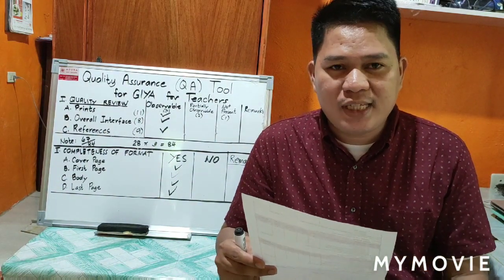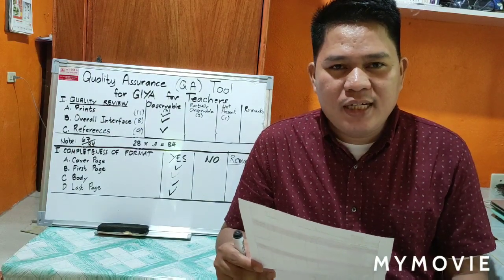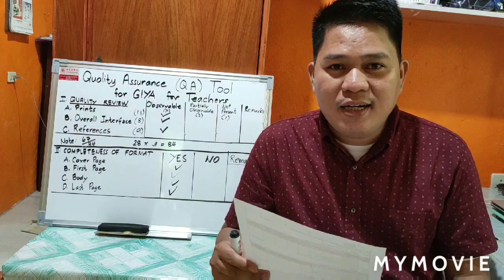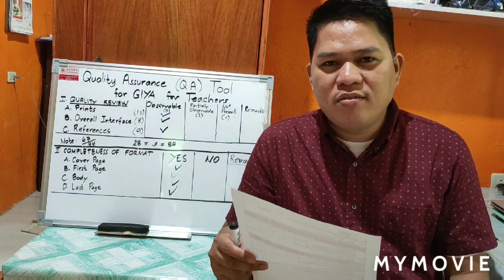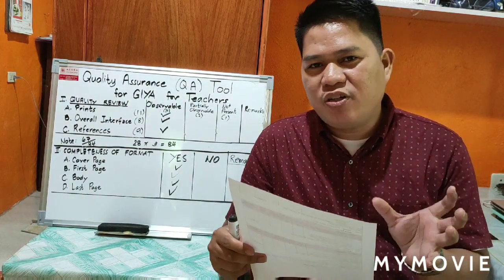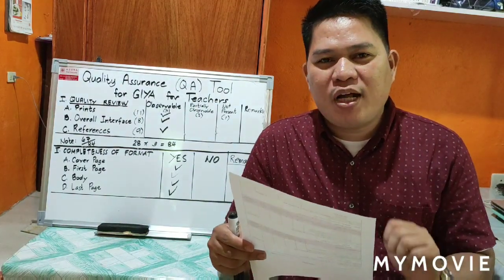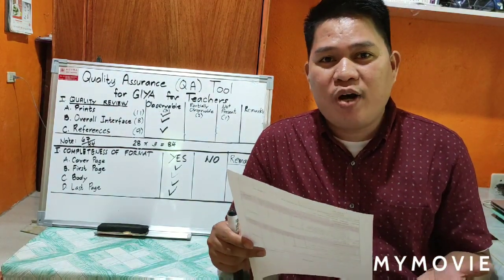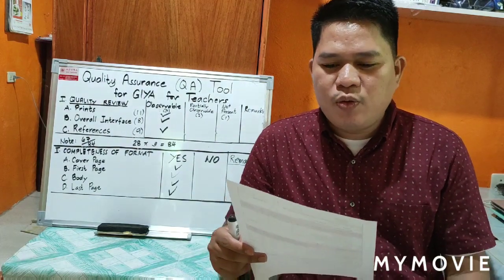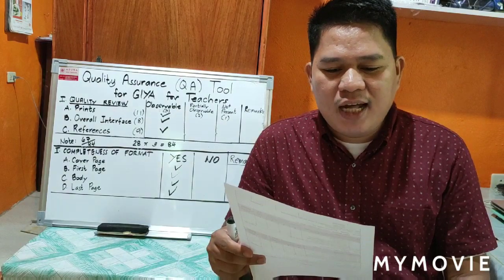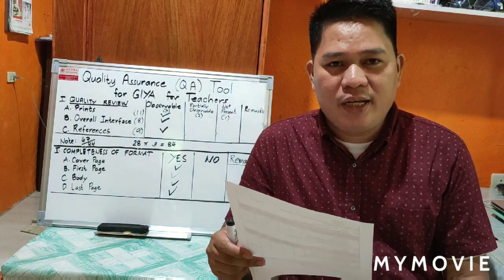So 4 is not present pag wala pong errors in the concept. For example, our definition about quadrilateral, mayroon po tayong na-miss na definition or exact meaning. Dapat 4, it has 4 sides. Ang nalagay po natin is 3 sides. Mayroong error po ang ating concept. So, hindi po siya 4 points. Dapat kasi 4 points, not present po ang conceptual errors.